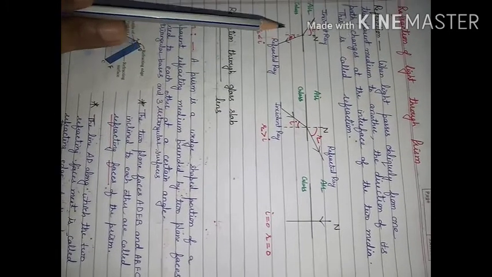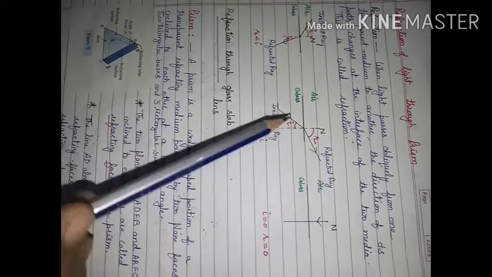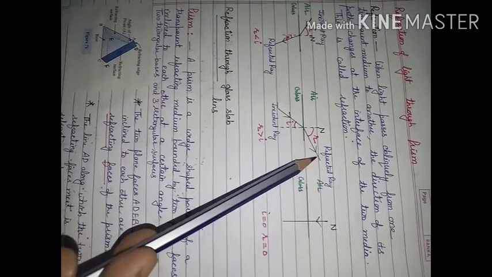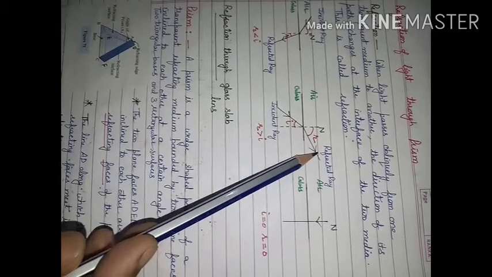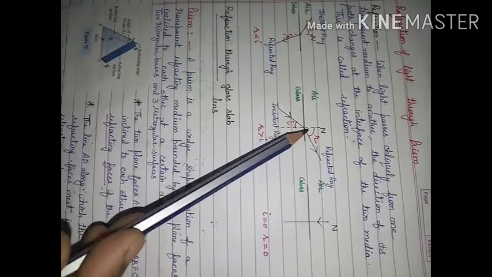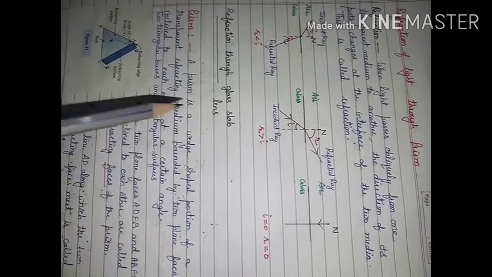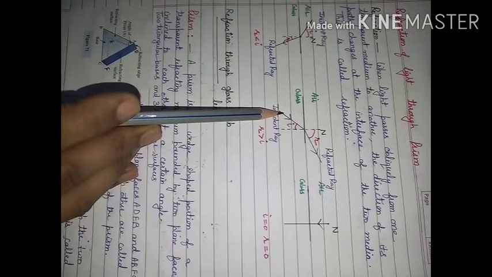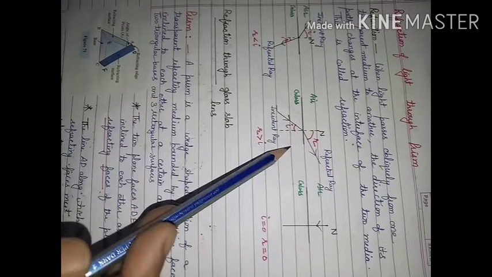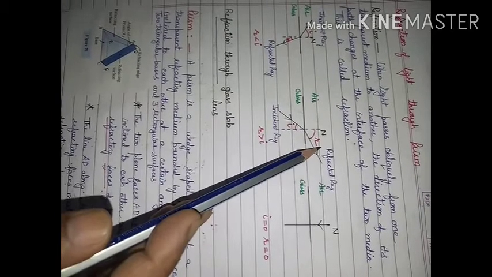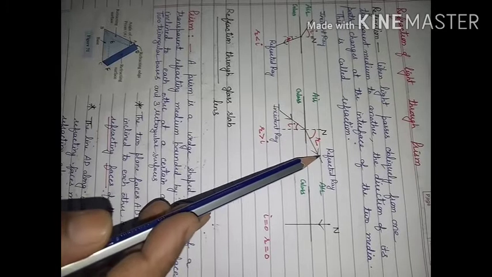What happens when a ray of light is going from denser to rarer? Now in this case, a ray of light is going from glass to air. So this is the incident ray of light. This is the normal. The angle between the normal and the incident ray will be the angle of incidence. When it goes from glass to air, it moves away from the normal.